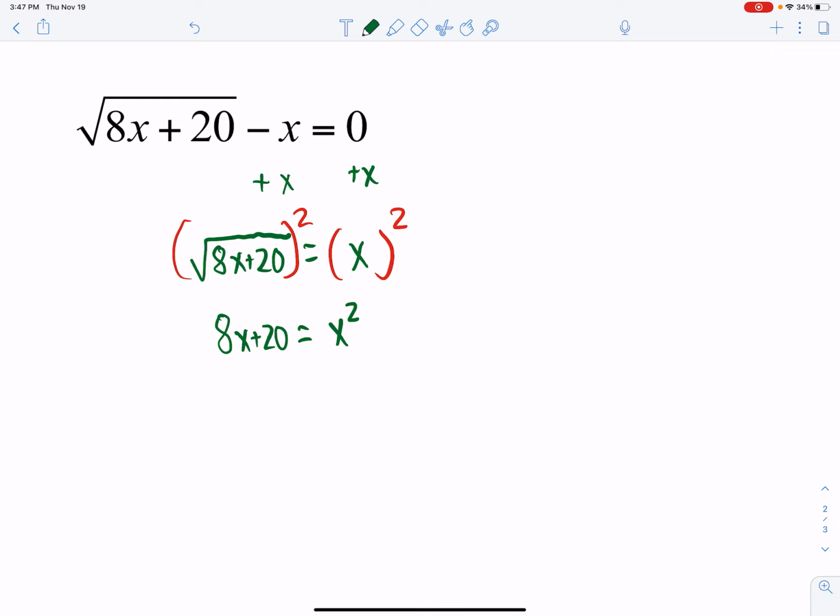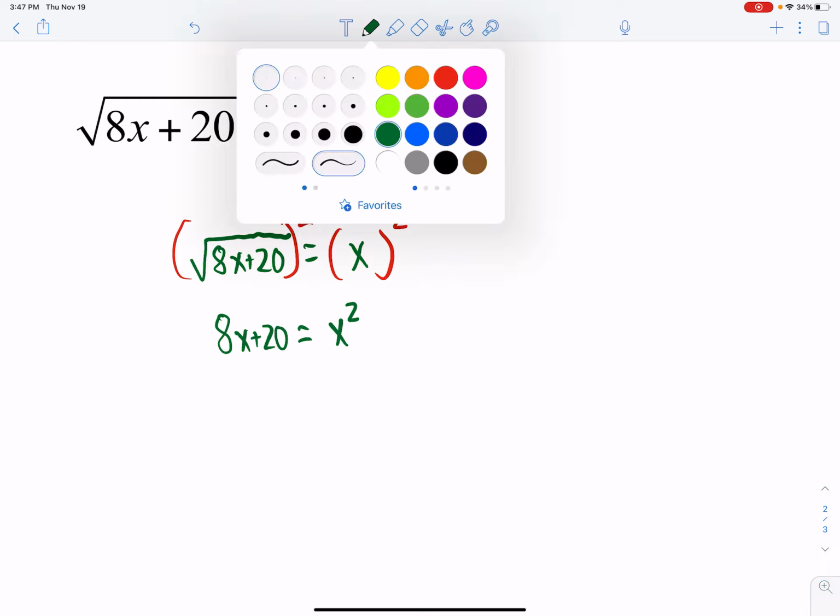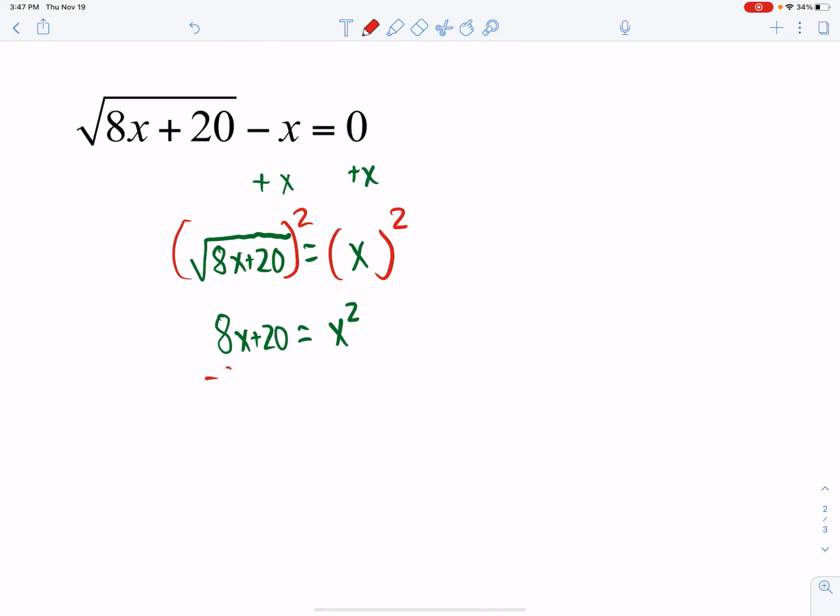So if you square both sides and you end up with one of these equations that has an x squared in it, let's move everything to that side where the x squared is so we can try to factor it. So we're going to subtract 8x from both sides, and we're going to subtract 20 from both sides. And when we do that, we would have 0 equals x squared minus 8x minus 20.